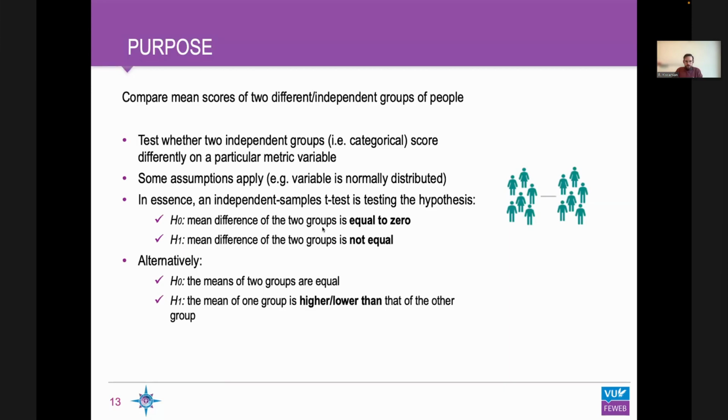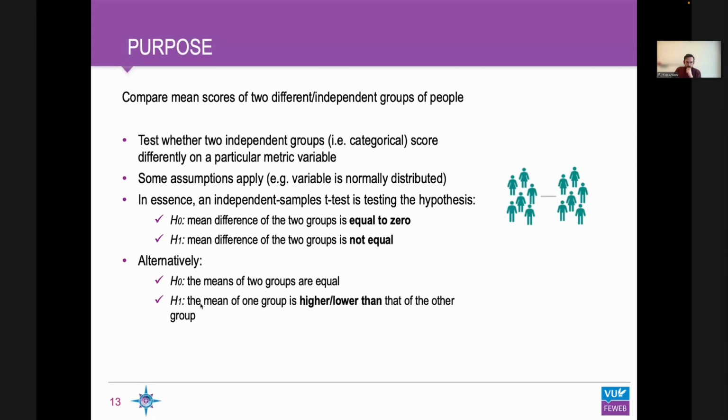So the mean difference of the two groups is equal to 0, or the mean difference of the two groups is not equal to 0. Or you can formulate this in terms of the means: the two means of the two groups are equal. I hope you see that these are actually stating the same thing. If the difference between the means is equal to 0, it means that these means are equal.